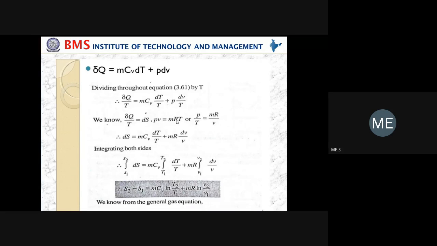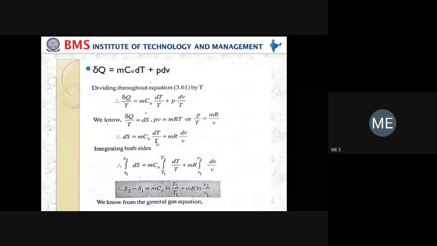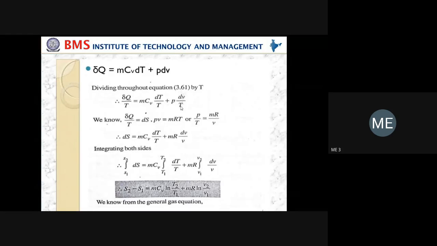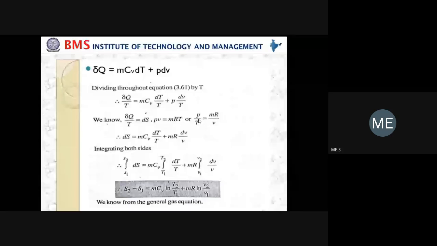Now we are going to substitute the value: dQ by T is nothing but dS. You put m Cv dT by T as it is, and you replace the third term, P dV divided by T. P by T is nothing but mR by V, so just write mR dV by V. You replace the ratio P by T as mR by V in the third term.